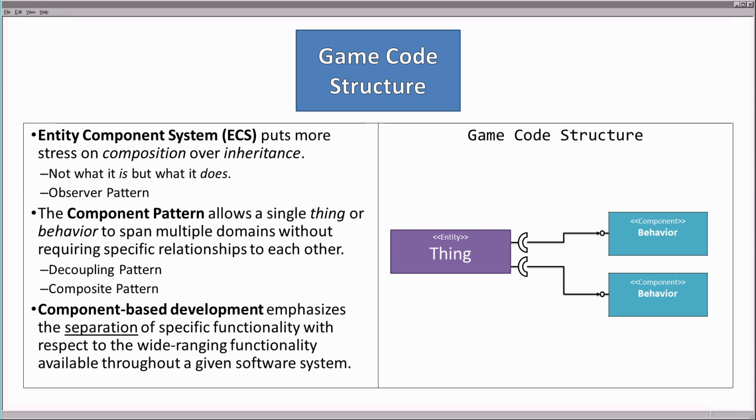It has much more in common with the composite pattern, where programming objects are composed of other programming objects. Component-based development emphasizes the separation of specific functionality with respect to the wide-ranging functionality available throughout a given software system.